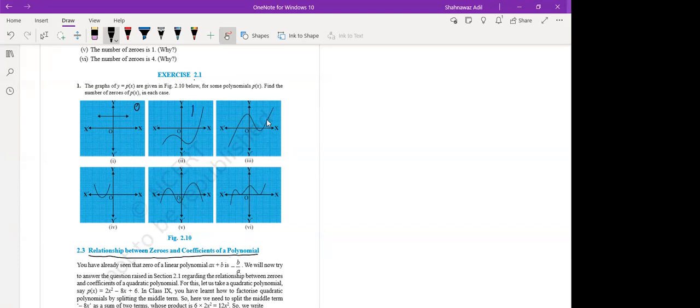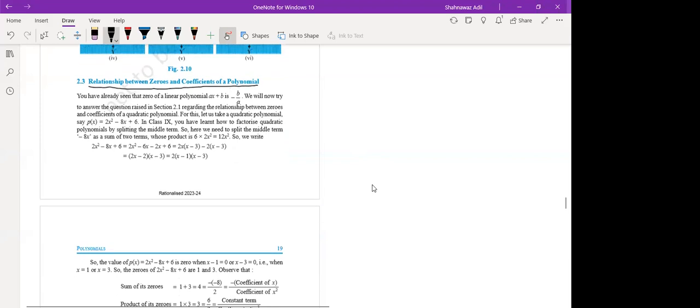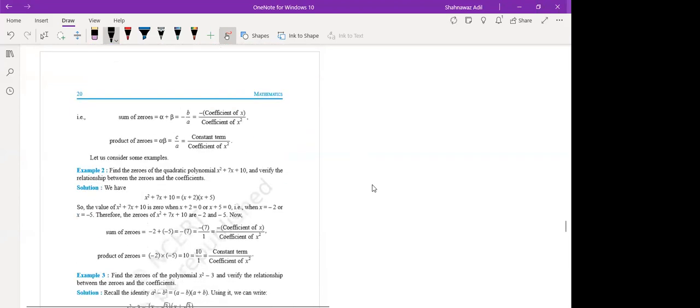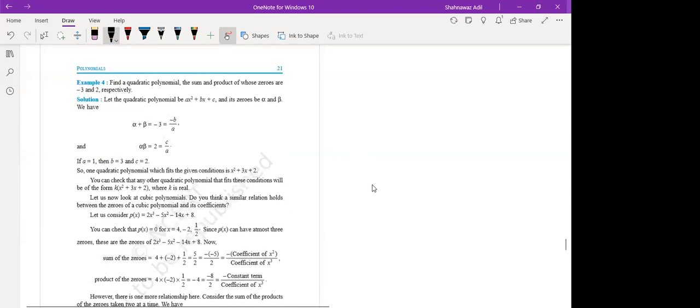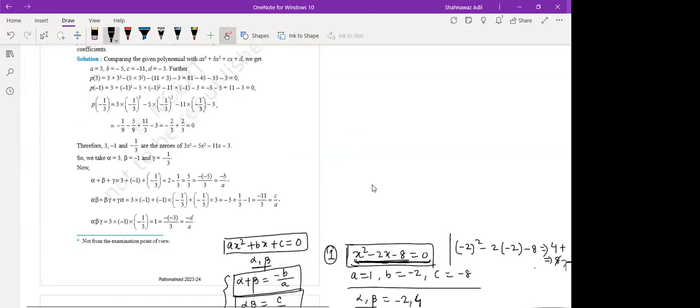And for this one, three, sir. Good, so you already know the answer. Then one, two, three, four, and one, two, three. So yeah, this was the very toughest exercise, right? Okay, now let us come to the second exercise.